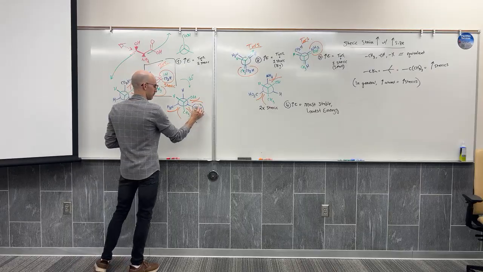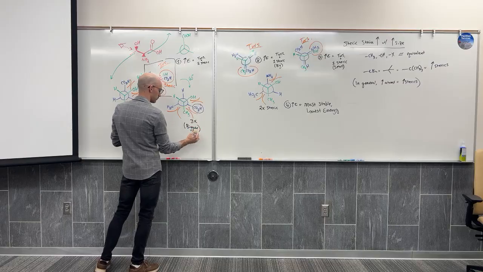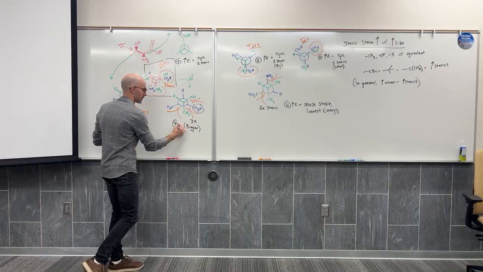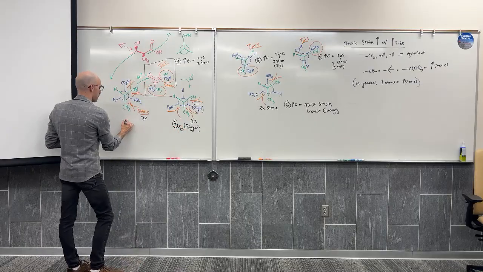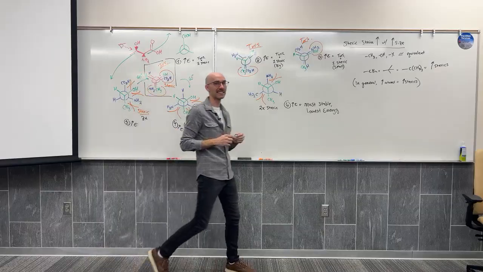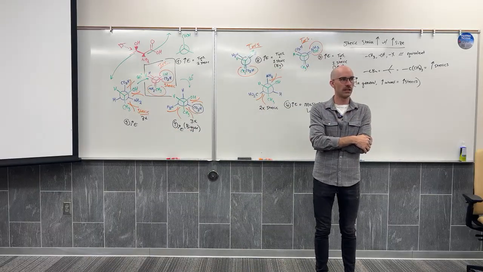Is it just number of atoms, or would you also take into account the size of the atoms? Like oxygen's bigger than carbon. Actually, oxygen is not bigger than carbon. Because it's more electronegative, it's actually smaller. We say that it has a higher effective nuclear charge.